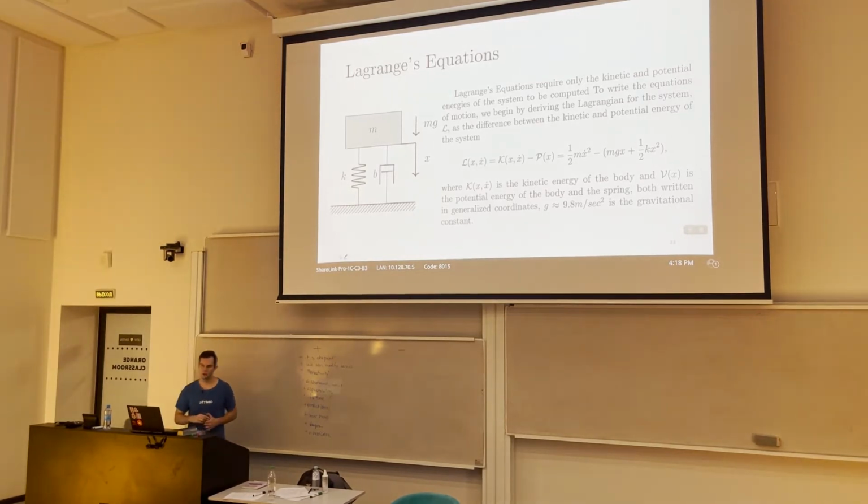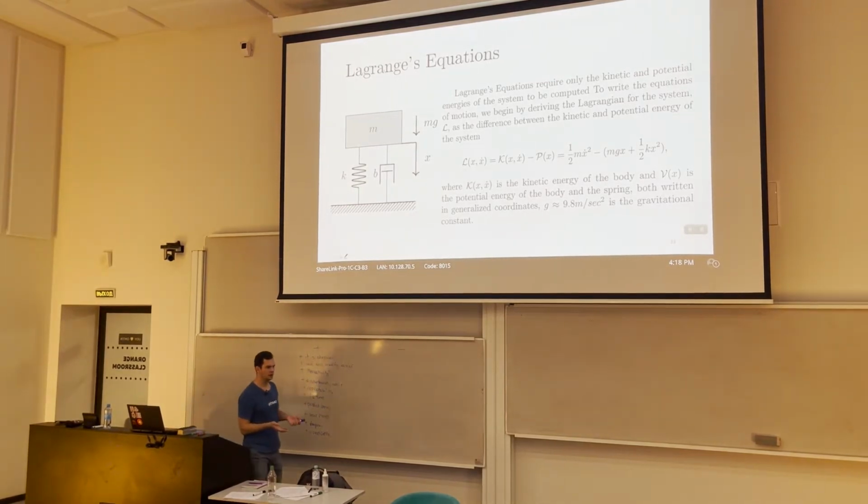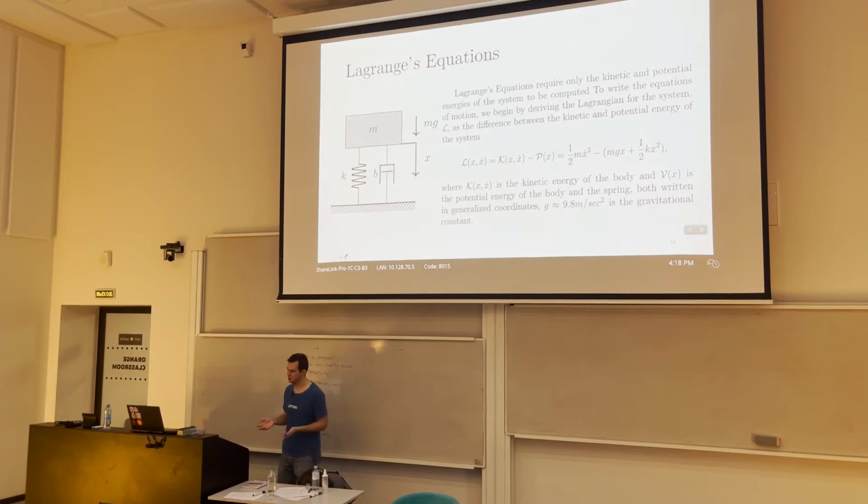We have a system, and if we derive the energy of the system, we can derive an equation that is going to explain how it's going to behave, and we can use it to predict the future behavior.